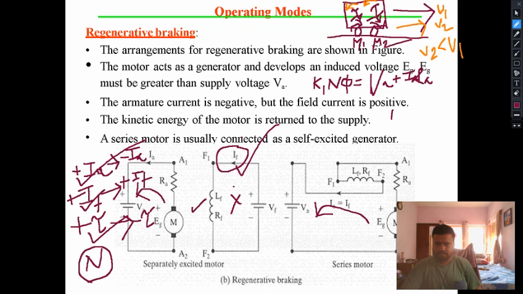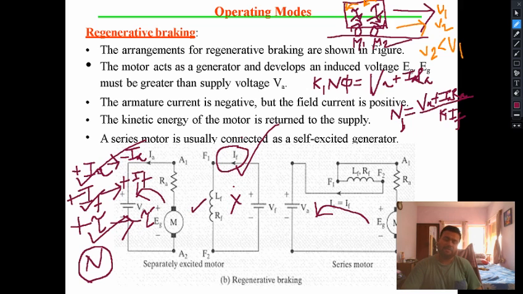So N is equal to, during braking, VA plus IARA divided by K1 IF. IF is constant, so you need not bother about the denominator. So this is the speed during braking.